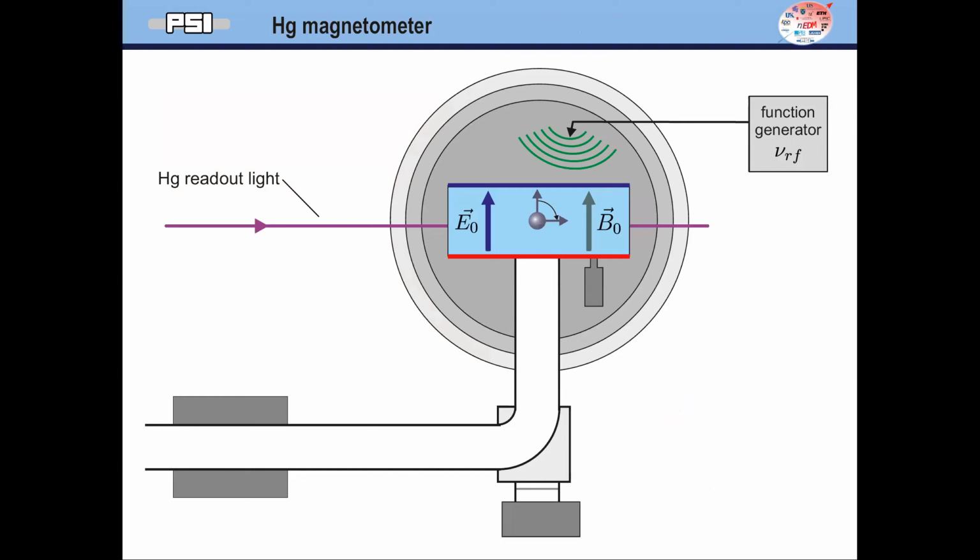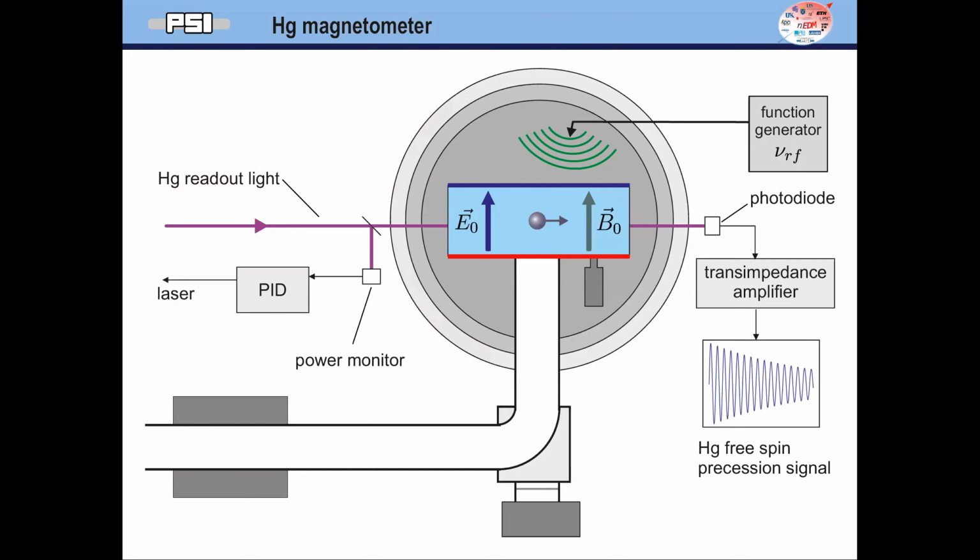Okay, and then the experiment works like that: we fill the neutrons into our experiment with a radio frequency pulse. We flip the spins. Then, in addition to the neutrons, we also have mercury atoms inside this volume here. And just to mention a few things that are important here, this is a mercury laser beam which goes through our experiment, and we monitor the power of this beam with a photodiode.